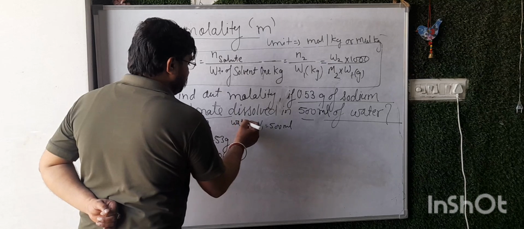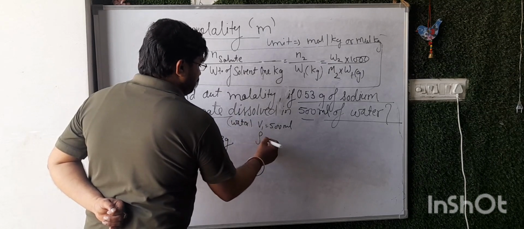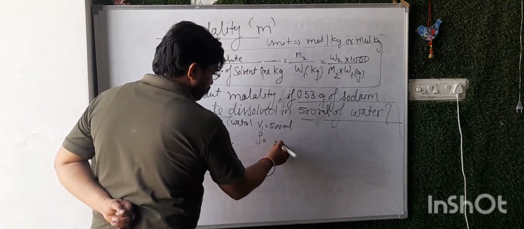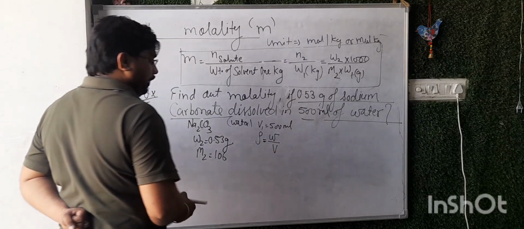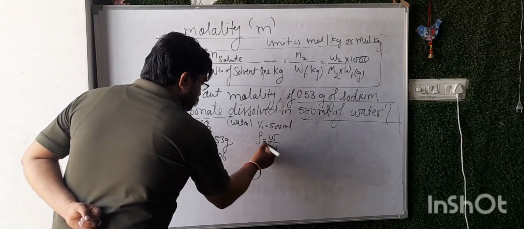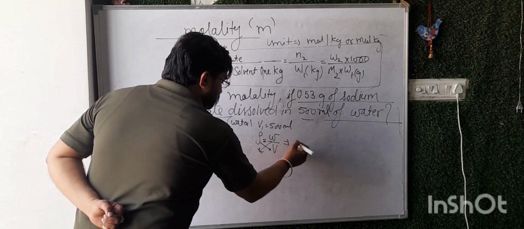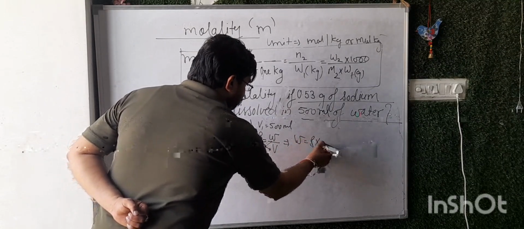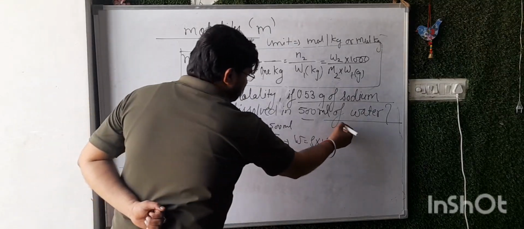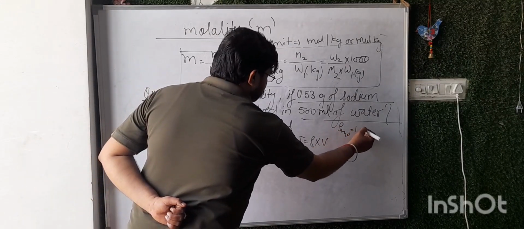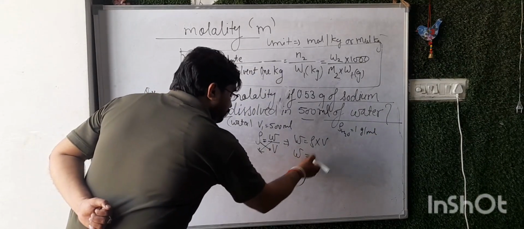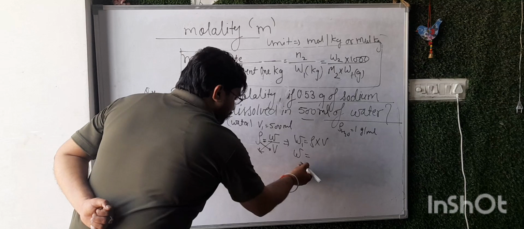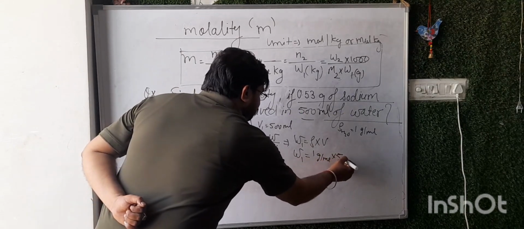So we use the simple formula of density. Density equals the weight of the substance divided by its volume. When we cross multiply, we get weight of the substance equals density into its volume. The density of water is 1 gram per milliliter. Everybody knows this. If you do not know, then you have to remember this. The volume of water given in the question is 500 milliliter.